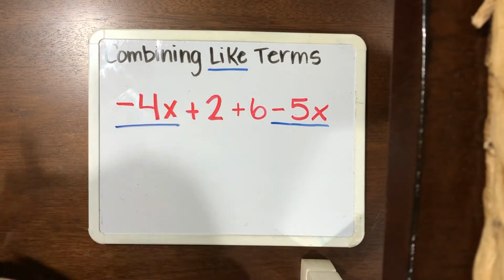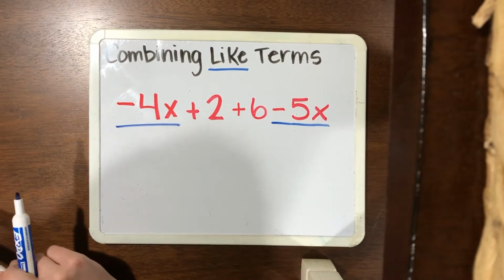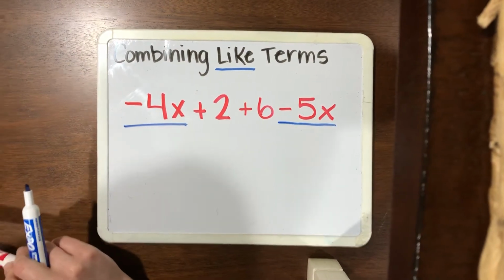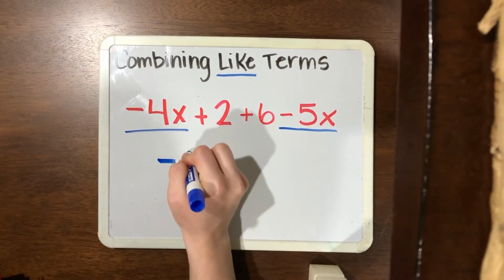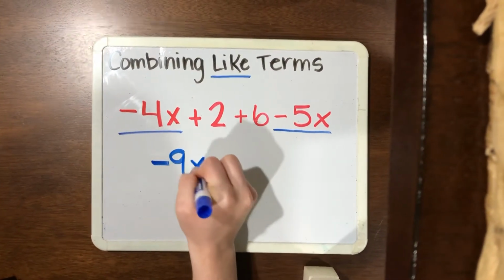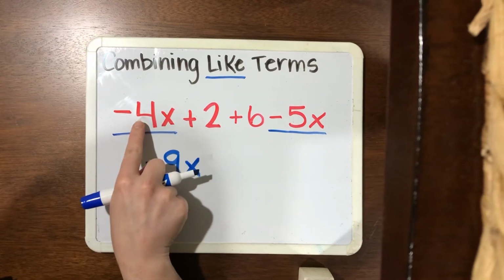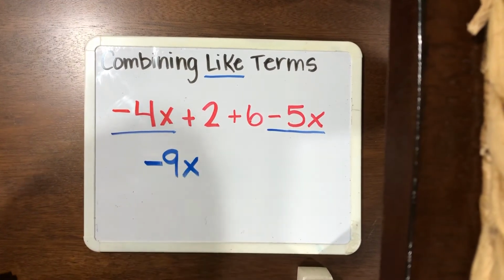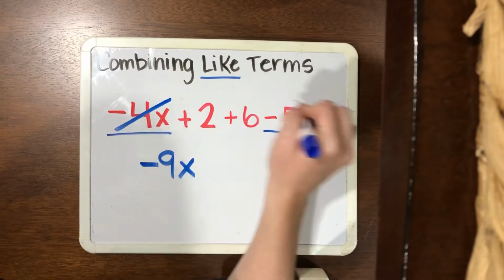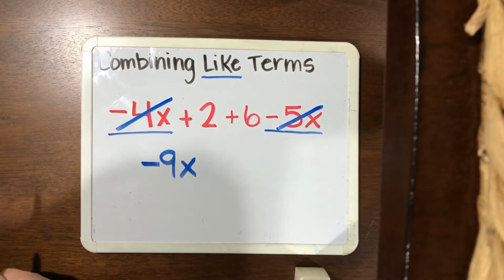Let's recap back to the very beginning of the year. A negative plus a negative stays negative. So it becomes negative 9x. I took negative 4 and combined it with negative 5 and got negative 9x.